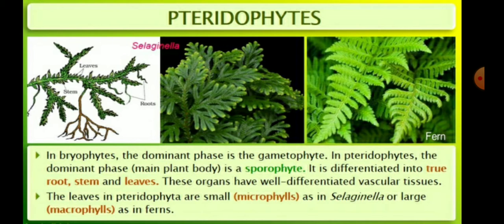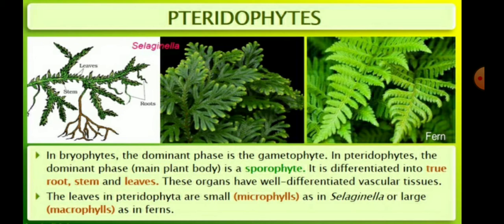But in the pteridophytes, the dominant phase, meaning the main plant body, is a sporophyte, and it is differentiated into true root, true stem and true leaves, so that these organs have well differentiated vascular tissues for the conduction of food and water.